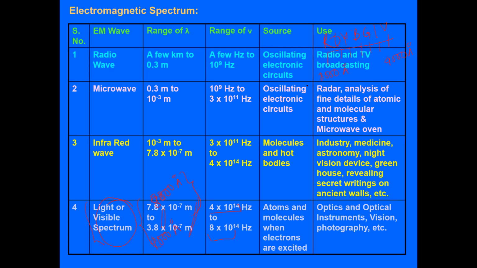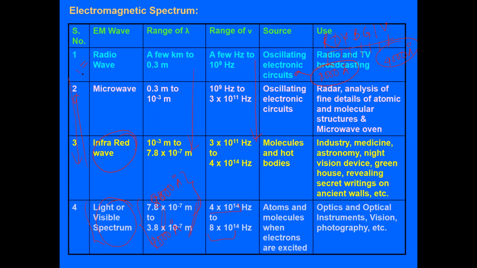If the wavelength is higher than that, the waves are known as infrared, and less than 4000 angstrom is ultraviolet. Coming to the lower sides, they are much more energetic because their frequency is increasing but the wavelength is decreasing from top to bottom.